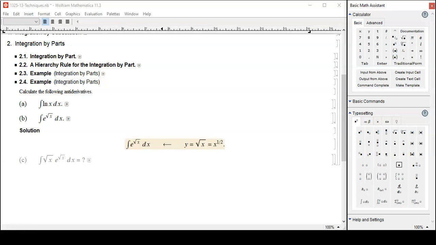If I do that, then dy is 1/2 x to the negative 1/2 power dx. dx is therefore 2x to the 1/2 power dy.